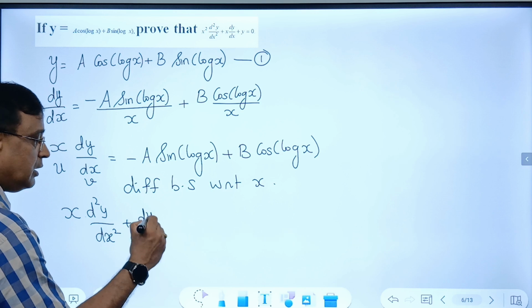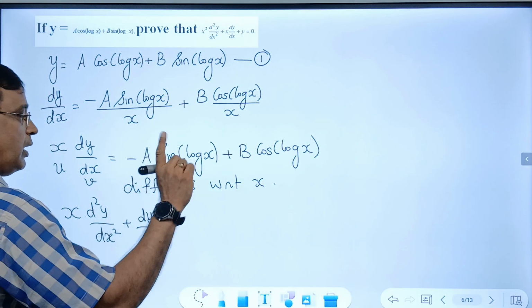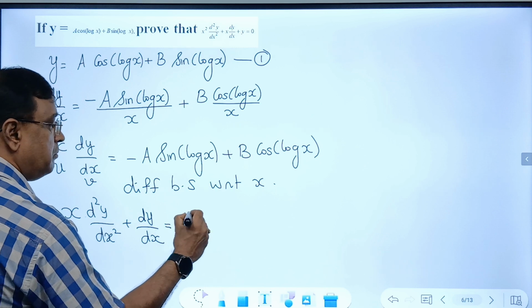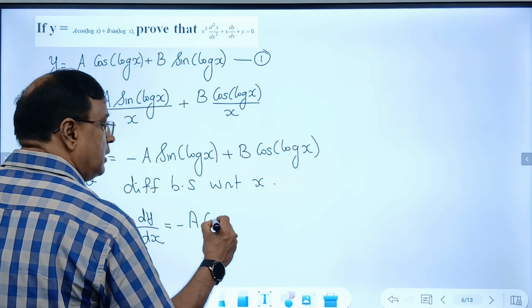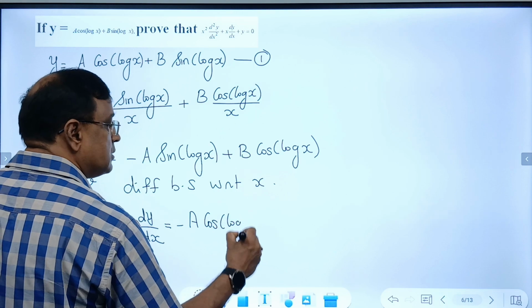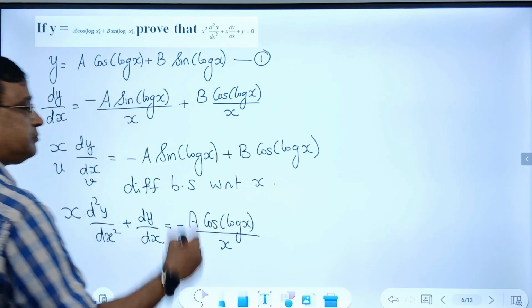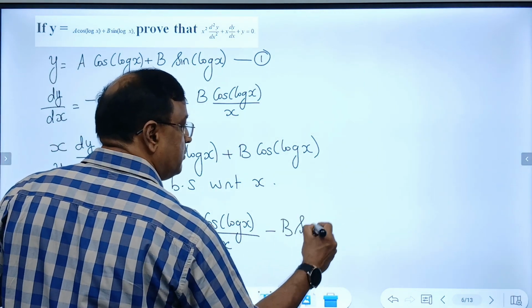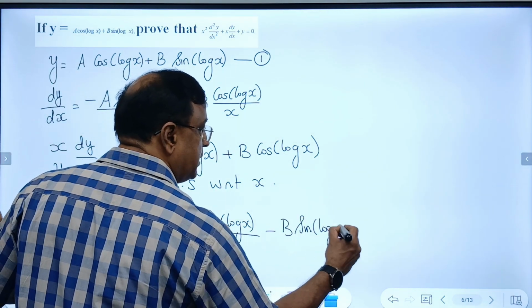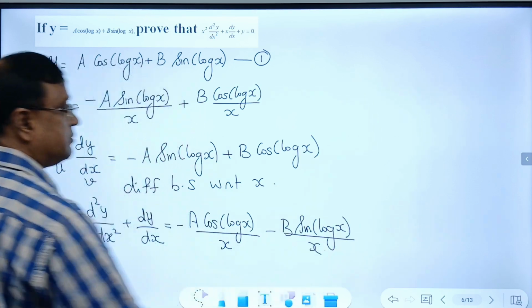What is v? dy by dx, and the differentiation of u will be 1, equal to minus a. What is the differentiation of sine? It is cos of log x, and the differentiation of log x is 1 by x, minus b. Why did I put minus? Because the differentiation of cos is minus sine and the differentiation of log x is 1 by x.